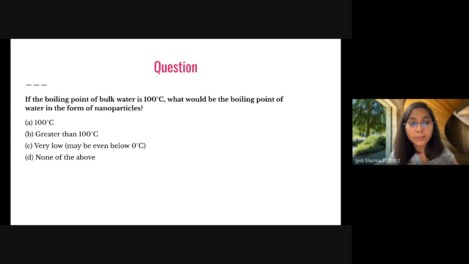So here the boiling point may be very low, and that may be well below 0 degrees Celsius. So this is the advantage of nanoparticles. That's why there is a lot of research on nanoparticles, and on how nanoparticles can help us for medical purposes as well, because the property is completely different.